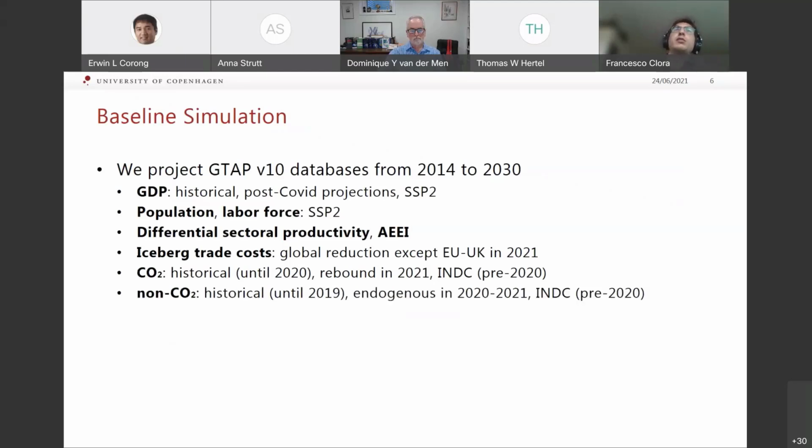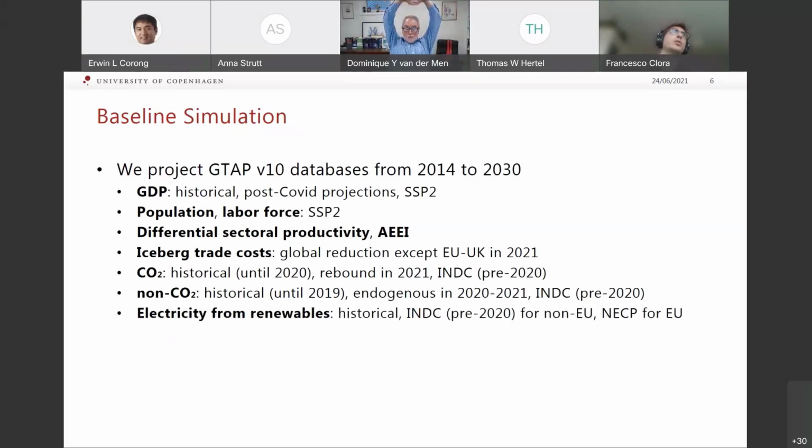We do something similar for non-CO2 emissions, targeting historical data until 2019. Then we keep the emissions endogenous for 2020 and 2021, mostly due to lack of data for these 2 years. And then we assume that from 2022 onwards, they follow INDC developments, as other studies have pointed out.